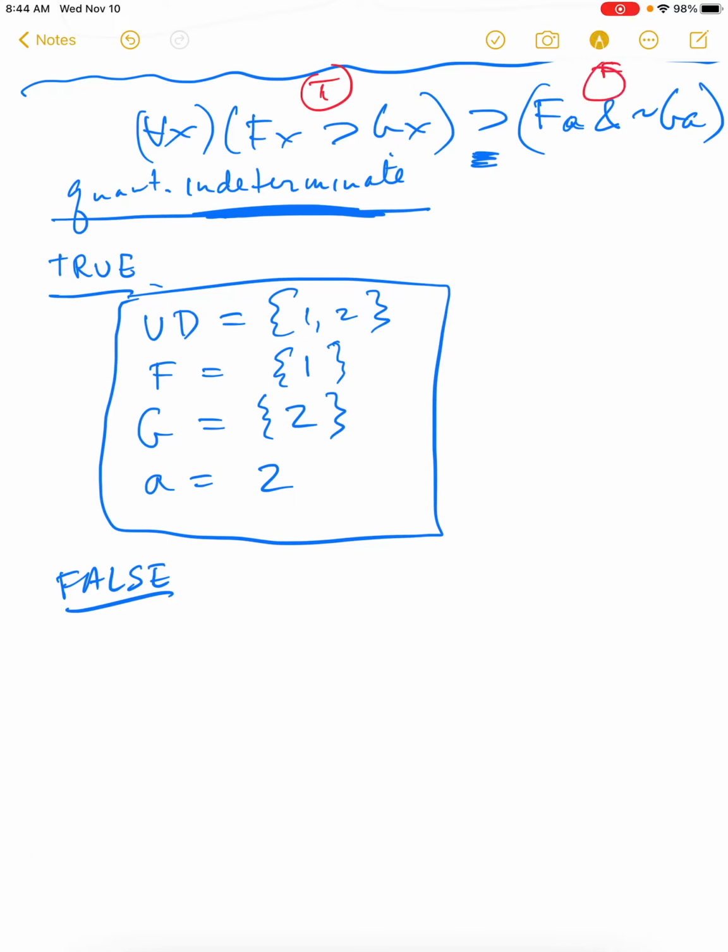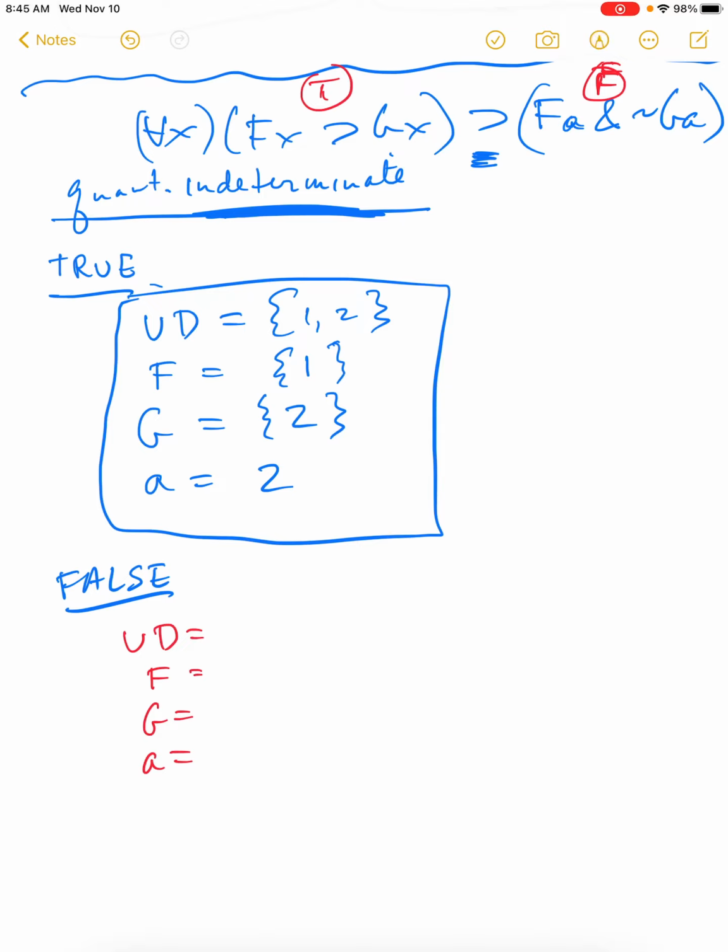Okay, so we need a universe of discourse, we need an extension for F, we need an extension for G, and we need a referent for A.